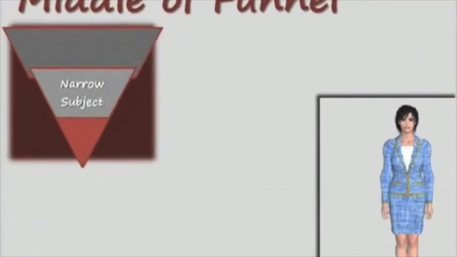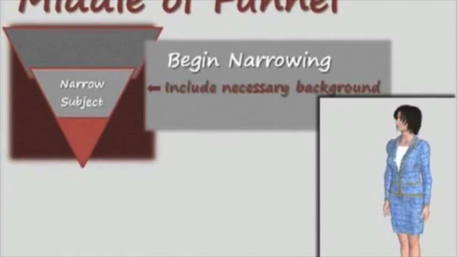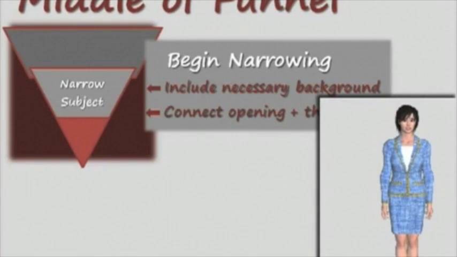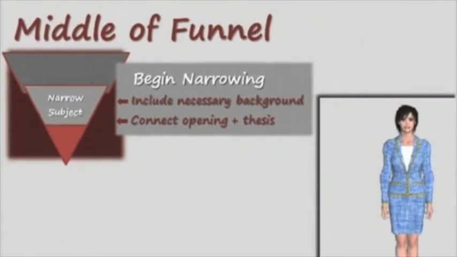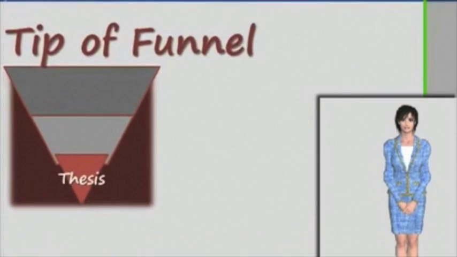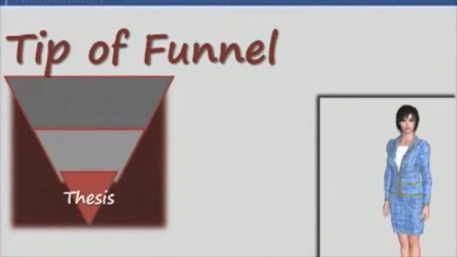The middle of the introduction provides any background information necessary to prepare the reader for the thesis. The main purpose of this section is to connect the intro's opening with the thesis. Without this connection, the thesis can come as a surprise to the reader who has not been adequately prepared for it. At the tip of the funnel comes the thesis statement. This is when the reader becomes fully aware of your argument or major point.